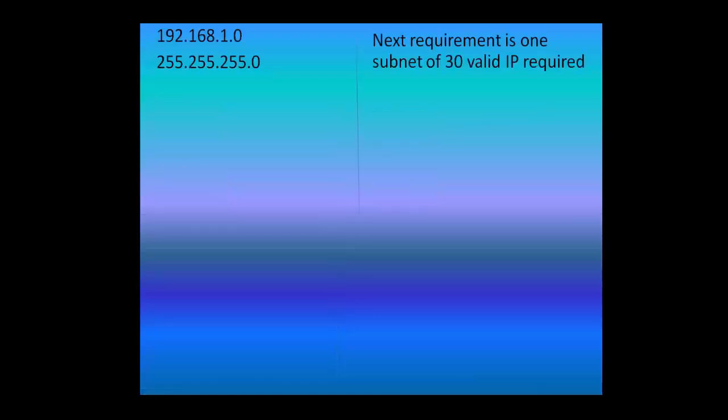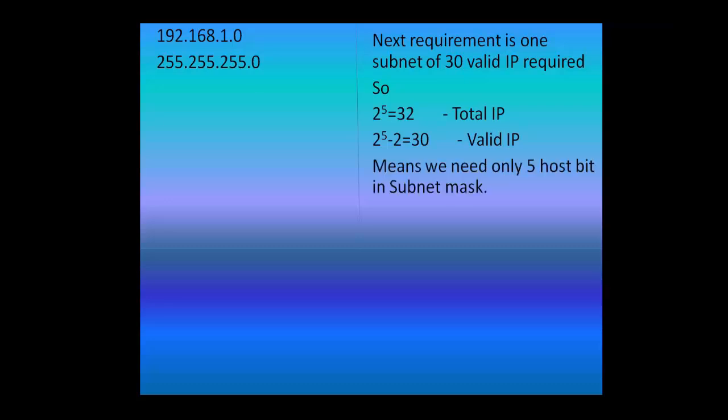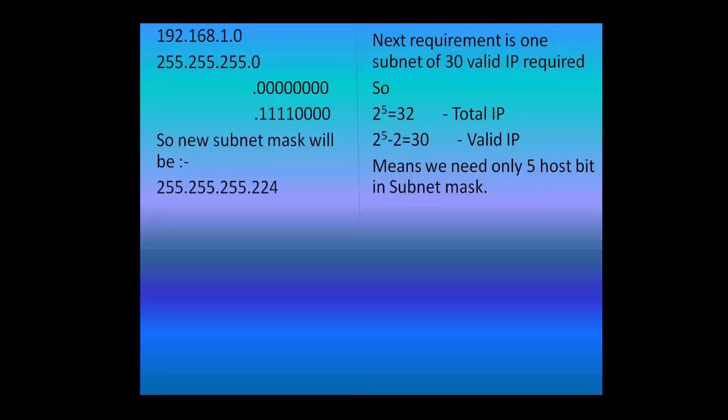Next requirement is 30, as I have shown in the topology. Same process. 5 host bits we require. So I have to keep 5 host bits and the remainder I will give to the network side. So here the subnet mask will be 224.